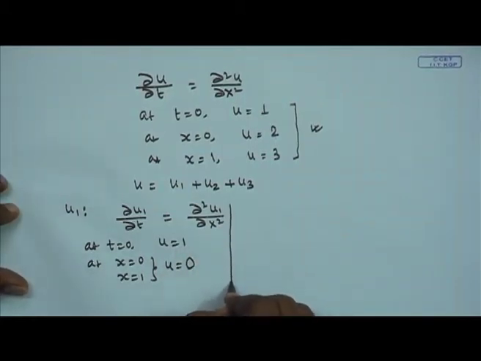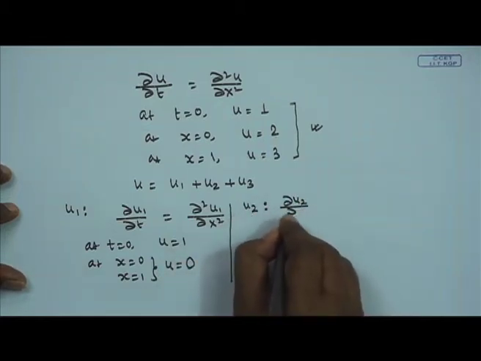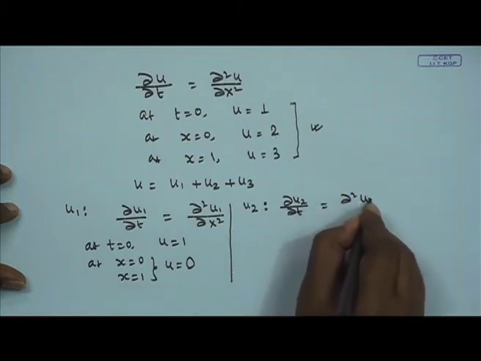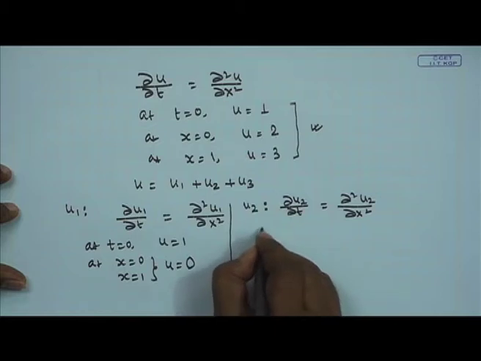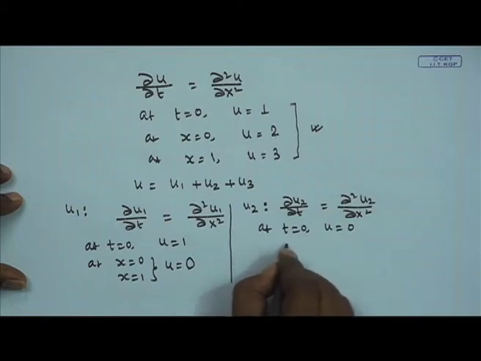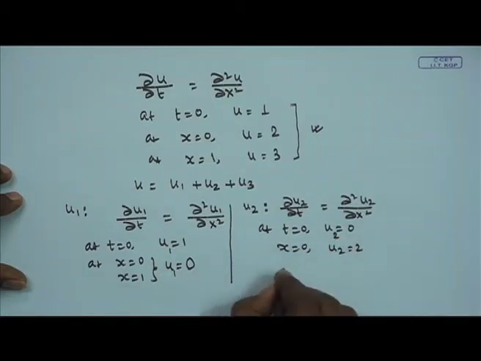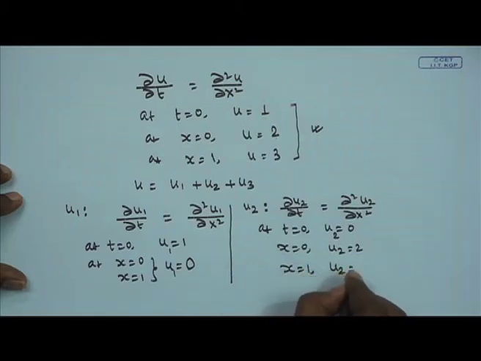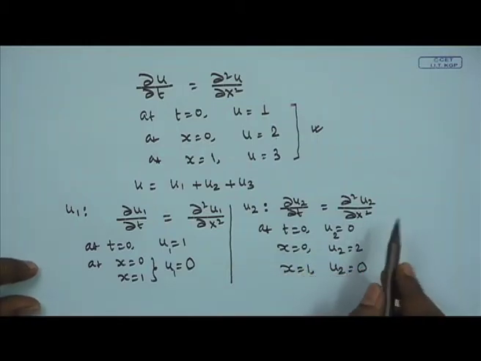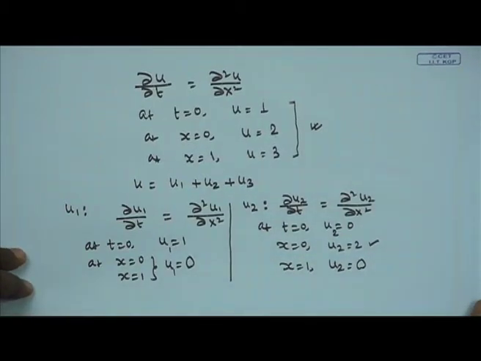And what is the definition of u2? u2 will satisfy del u2 del t is equal to del square u2 del x square, at t is equal to 0, u2 is equal to 0, at x is equal to 0, u2 is equal to 2, and at x is equal to 1, u2 is equal to 0. So I force the other two non-homogeneities to vanish and keep this non-homogeneity intact. That is the definition of u2.